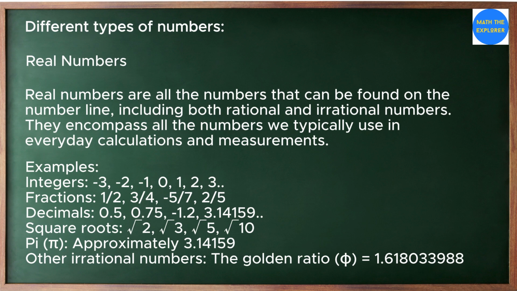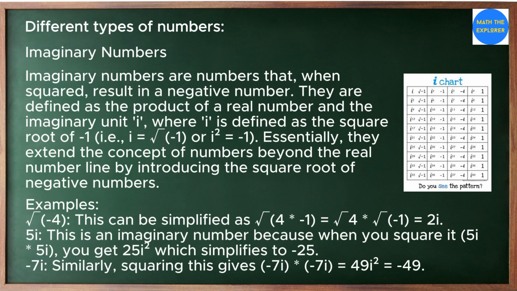Decimals, 0.5, 0.75, -1.2, 3.14159. Square roots: square root of 2, square root of 3, square root of 5, square root of 10, pi, approximately 3.14159. Other irrational numbers. The golden ratio, 1.6180339887.